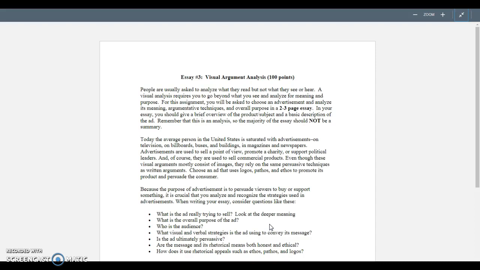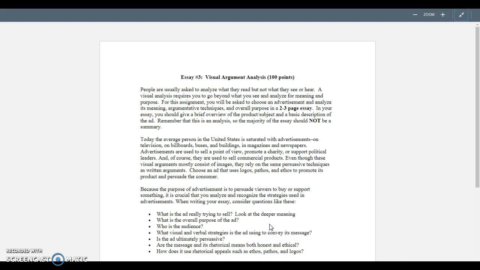Some are parodies of real ads. So you want to make sure that you click on the image, go to the website, and look to see if this was a real ad produced by an actual advertisement company or an ad that was actually used in media for a product or for a specific purpose.